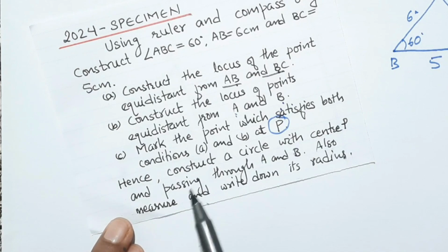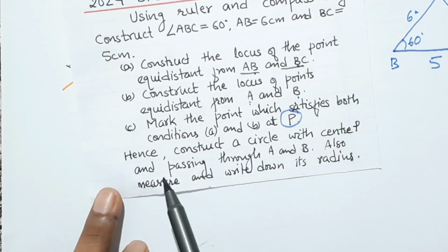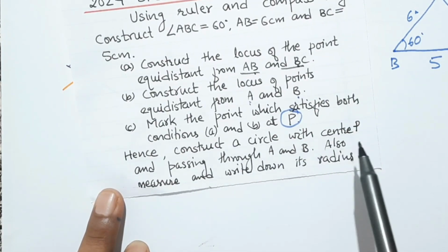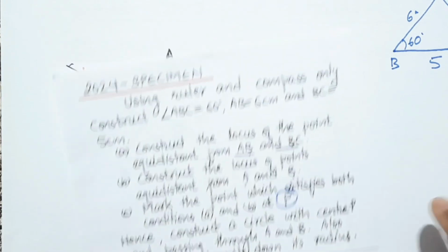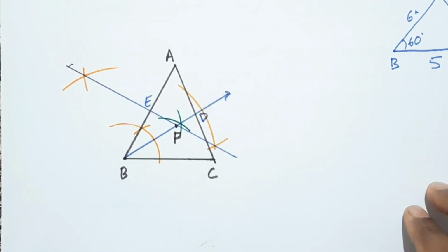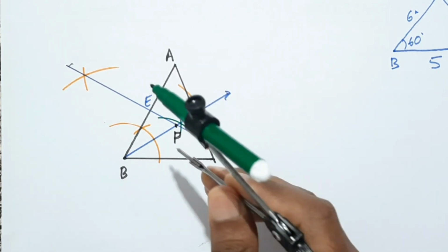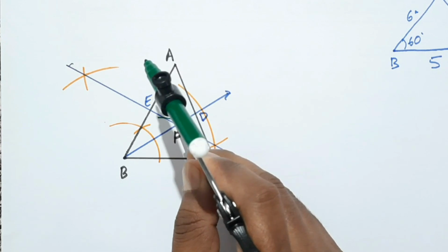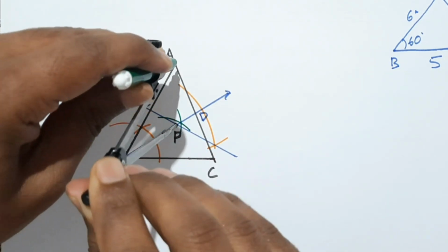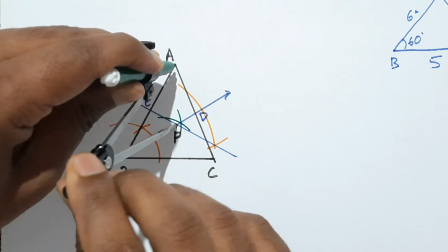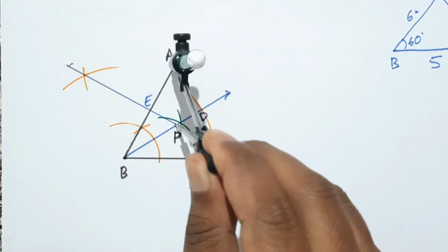Now the last part: hence construct a circle with center P and passing through A and B. Finally we have to construct a circle, taking P as the center, which passes through both A and B. That means PA is the radius.